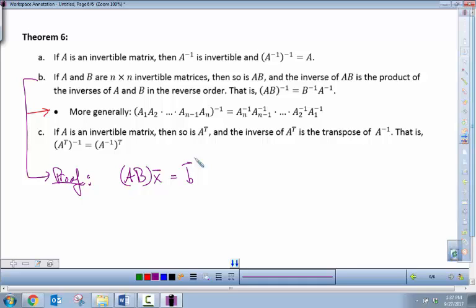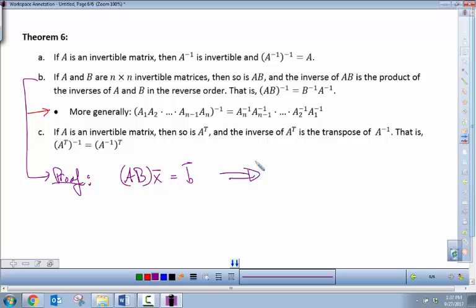So let's assume that we have AB applied to vector x, and we're going to get another vector b out of it.